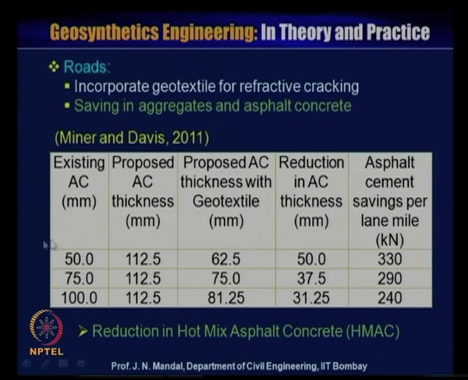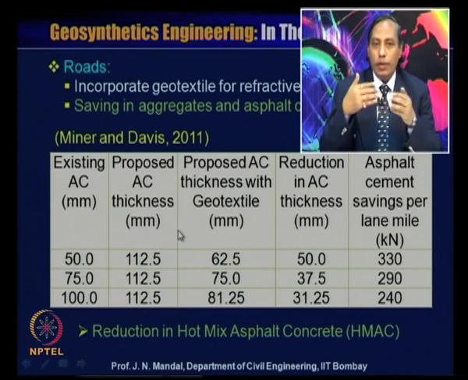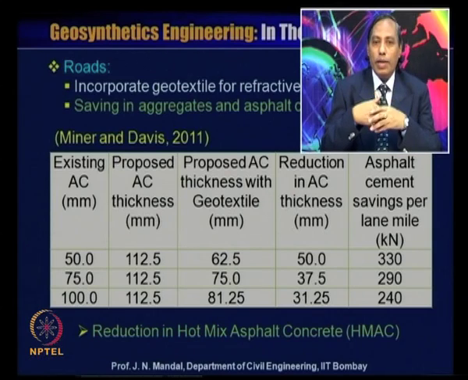This is the existing AC, that is 50 millimeter, 75 millimeter and 100 millimeter, and then the proposed AC thickness is 112.5 millimeter, 112.5 millimeter, 112.5 millimeter. Every year you keep on putting the asphalt overlay on the existing AC.